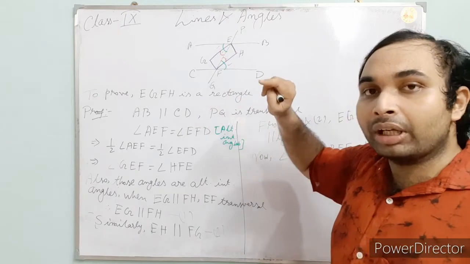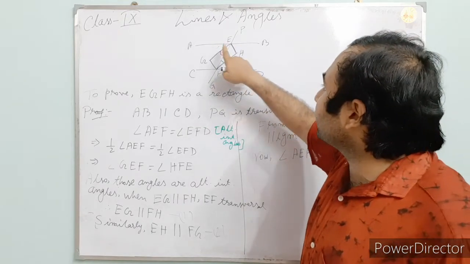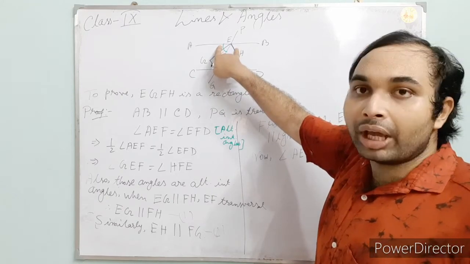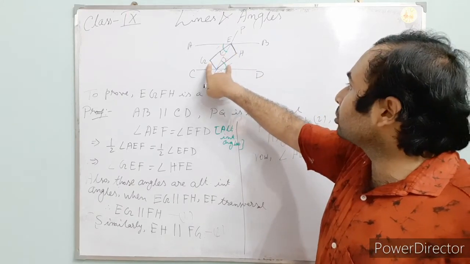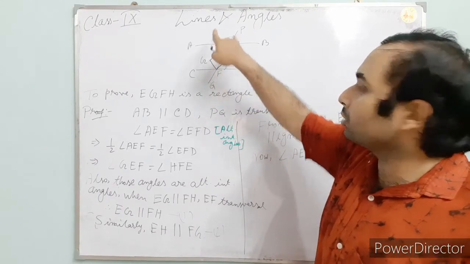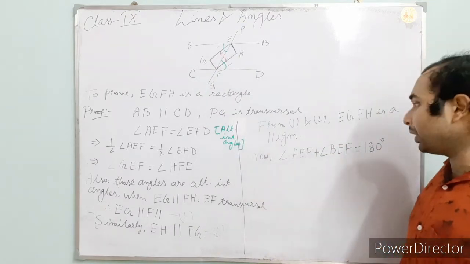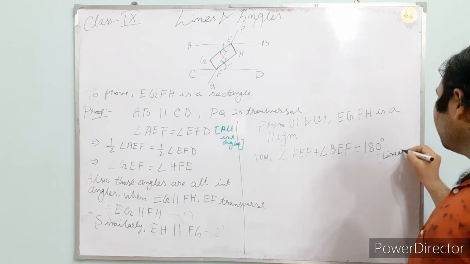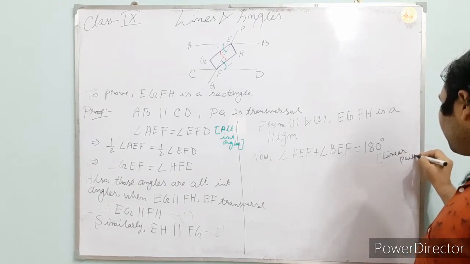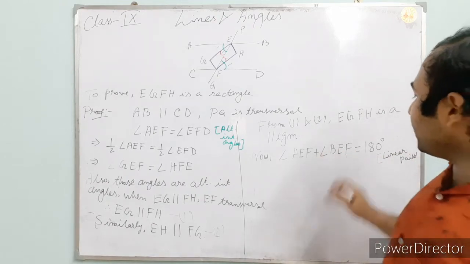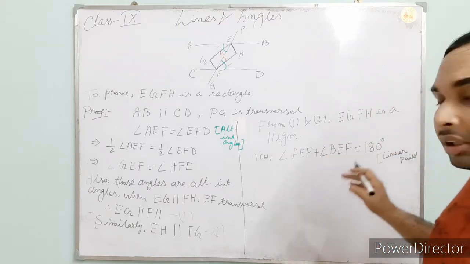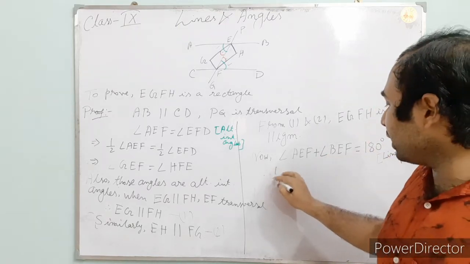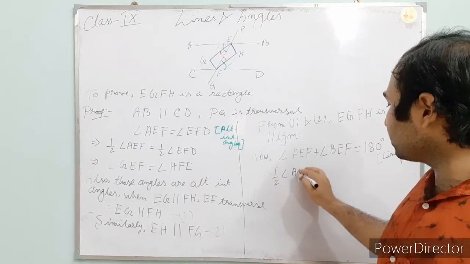So 5 types of angles are coming. That is the linear pairs. We are getting lots of linear pairs. Those two angles are linear pairs, those two also, and those two. Here you have to write the linear pairs. Angle AEF and BEF are linear pairs, so those are supplementary also. Again, multiply by half.